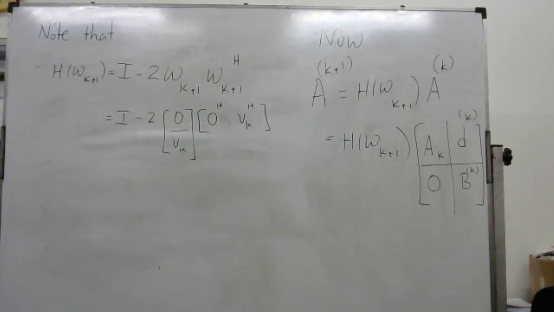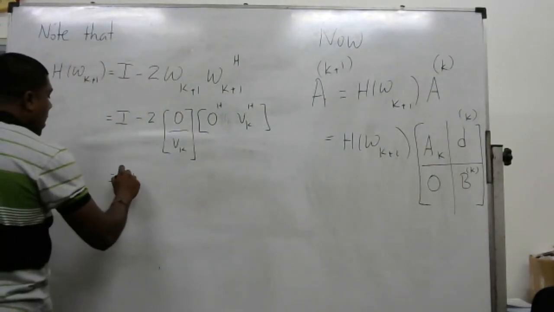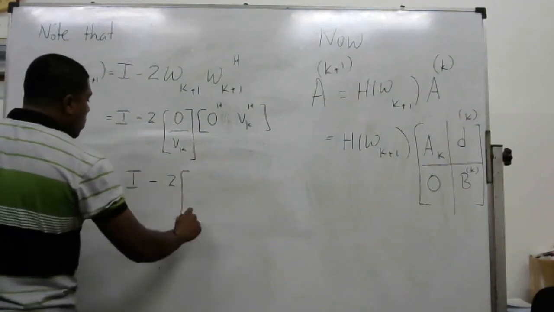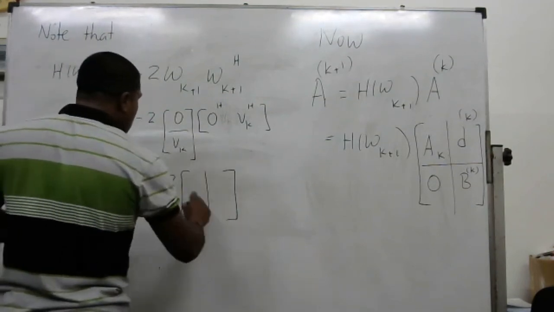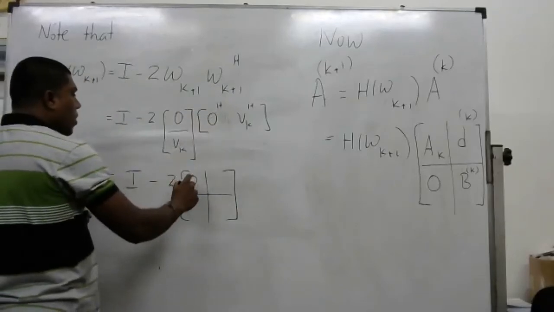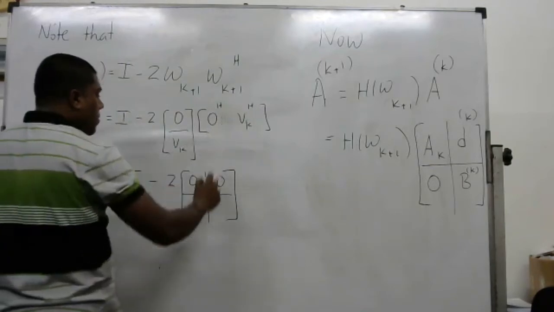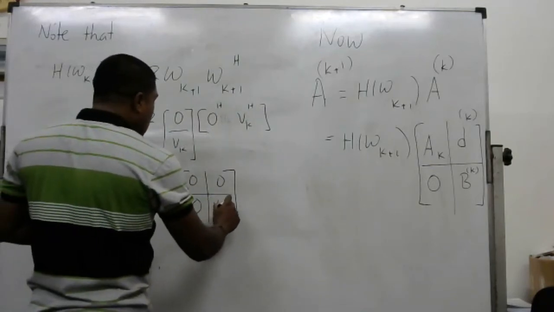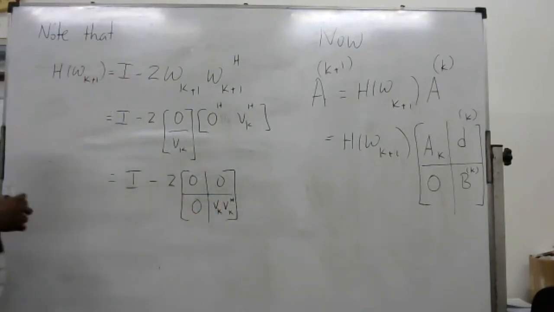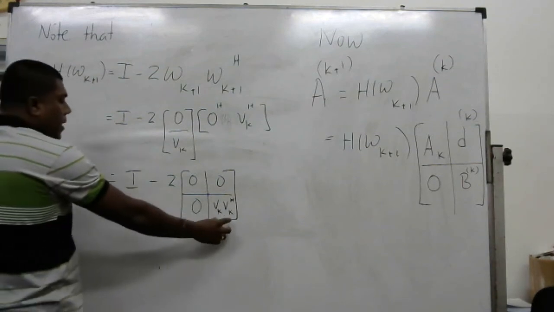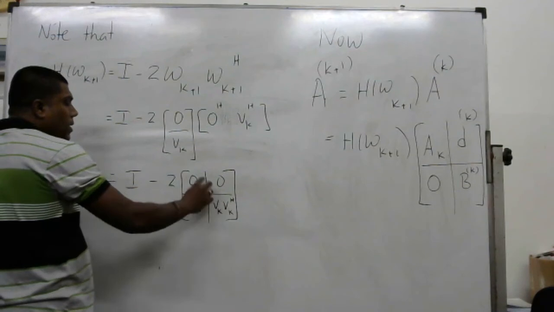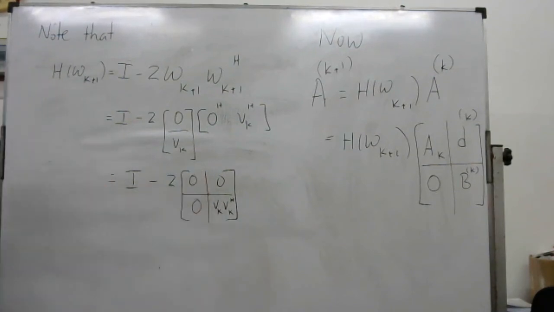When you multiply this, you get identity minus 2 times a block: 0 times 0, 0 times Vk Hermitian, Vk times 0, and Vk times Vk Hermitian. So clearly this is a k cross k matrix.